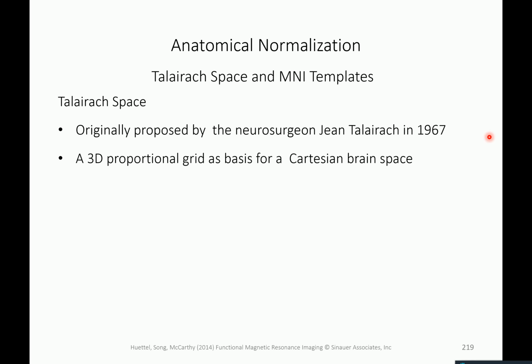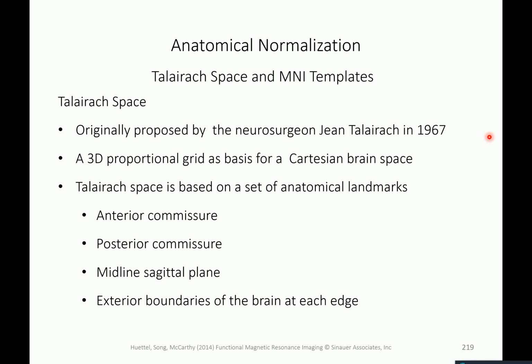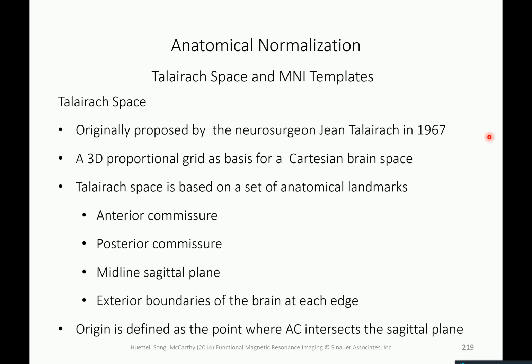It uses a Cartesian space, a common X, Y, and Z coordinate system, and a 3D proportional grid in this Cartesian space. It is based on a set of anatomical landmarks, namely the anterior commissure, the posterior commissure, the midline sagittal plane, which is in between your hemispheres, and the exterior boundaries of the brain at each edge. Its origin, which is also important for MNI coordinates, is where the anterior commissure, as I've shown on the other slide, intersects the sagittal plane.